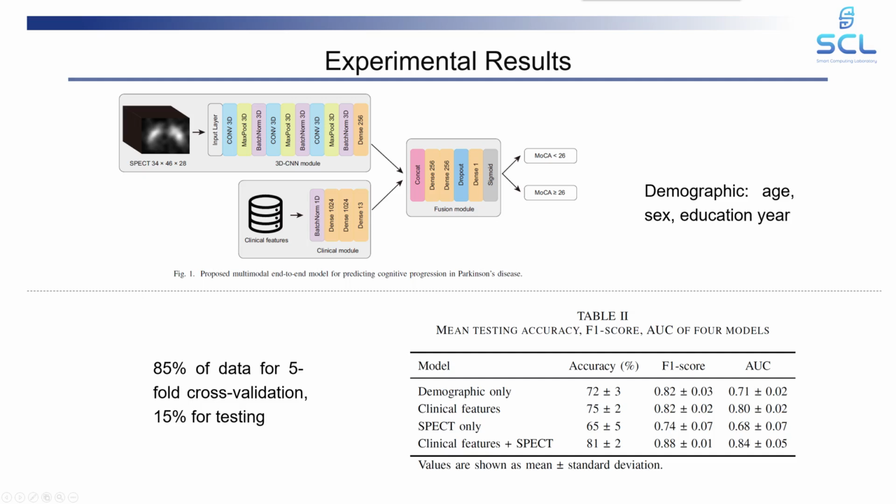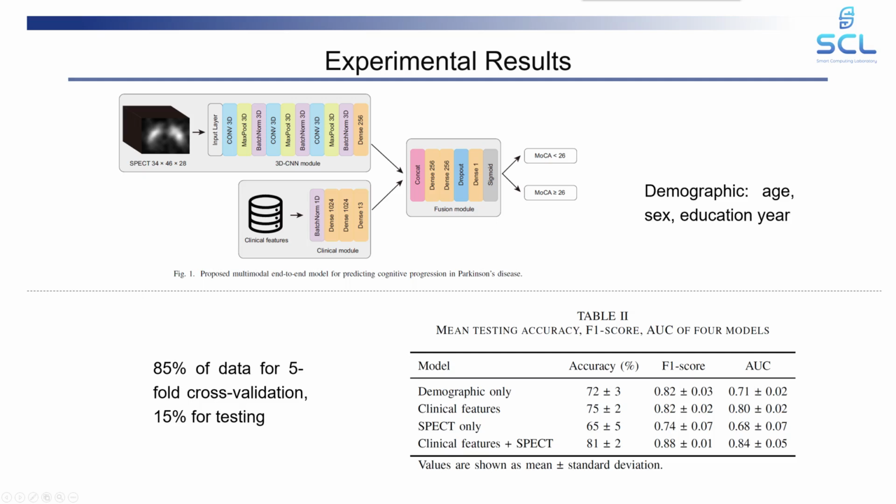One using only demographic features, one using only the 30 features, and one using only the SPECT images. These simpler models did not include the concatenation and two fully connected layers from the fusion module, but kept the dropout, final fully connected layer, and sigmoid function.